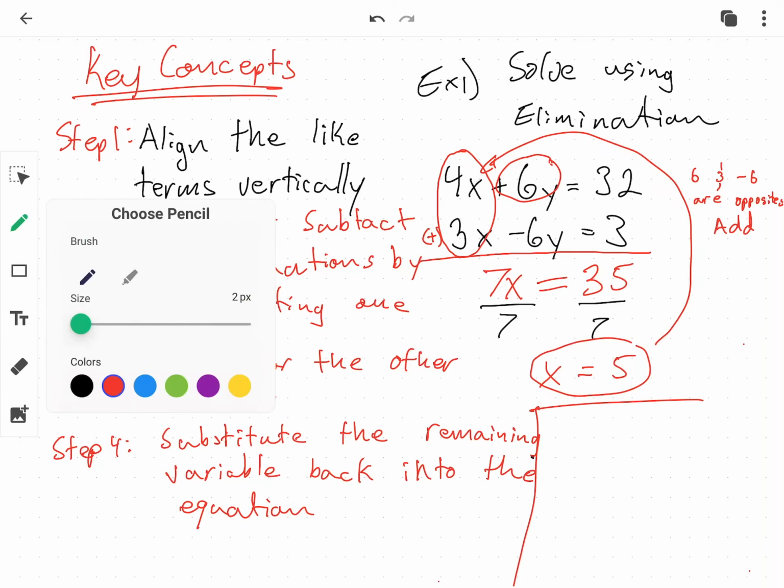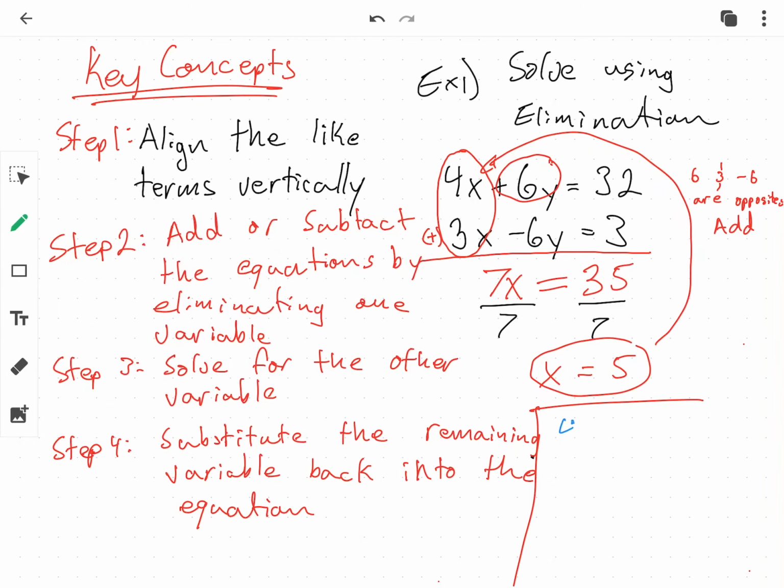So we have, and I'm going to do this in blue because there is a lot of red and blue out here, 4 times 5 plus 6y equals 32. 20 plus 6y equals 32. 6y is equal to 12. We subtracted 20 from both sides.